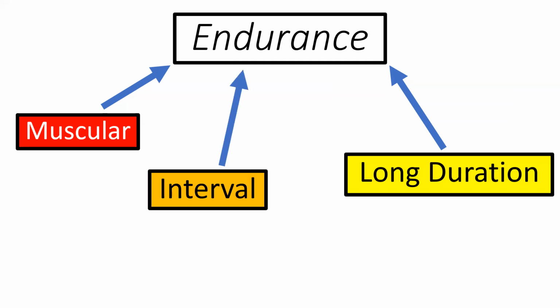And then we have interval-based endurance, which is our ability to work and rest, work, rest, work, rest, which is where we see most of our field and court sports within this interval endurance spectrum.